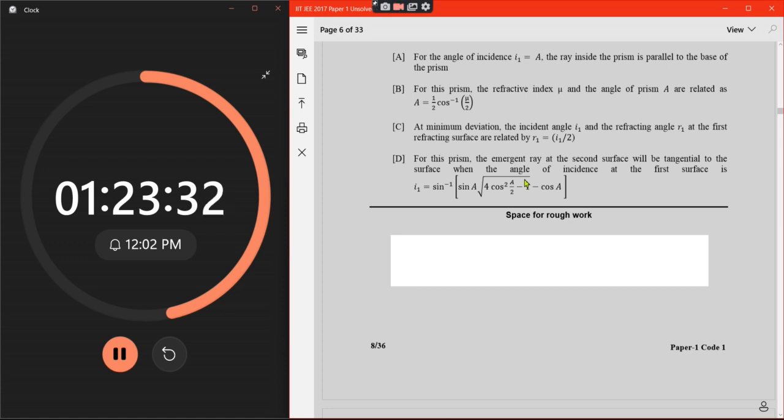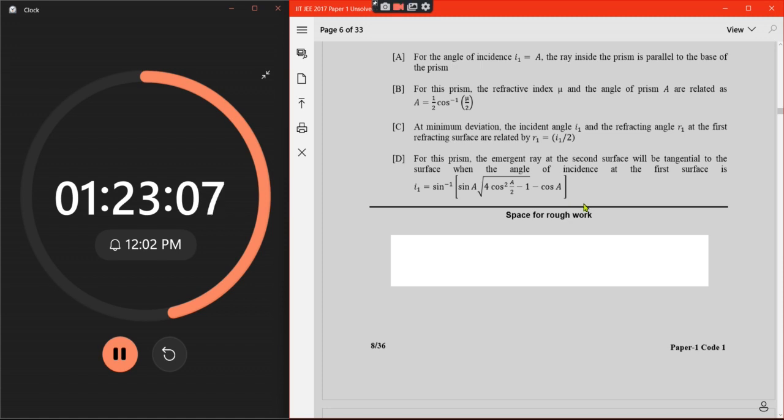Square root of 1 minus this, right? Okay, cool. I'm trying to understand this. So what will this become? Just cosine A minus sine A times the square root of 4 cosine square A upon 2, minus 1, it seems.